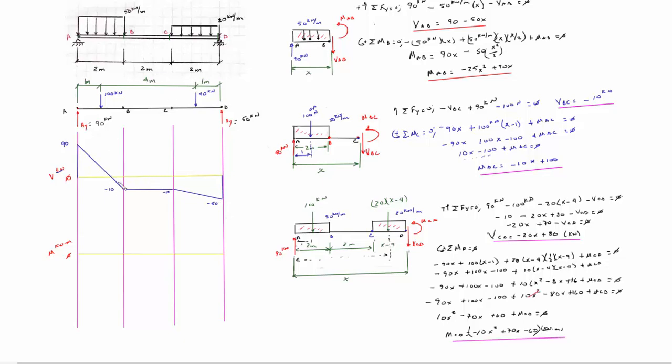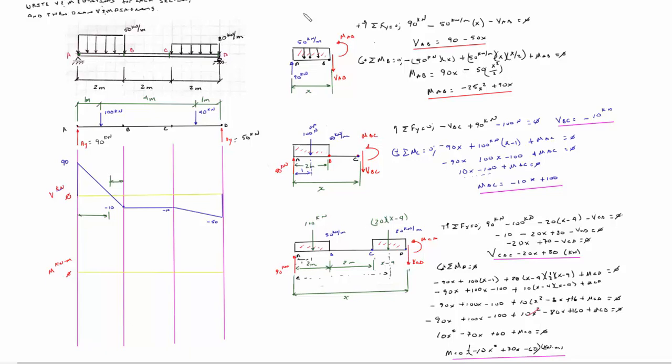Now a couple of ways you can find these distances. I'm going to need this distance here, and I'm going to need this distance here. One thing we can do, since we're between A and B, is come back up here and set this up. When the shear is 0, that's going to equal 90 minus 50x.